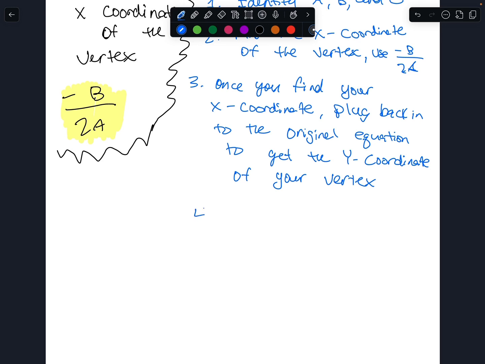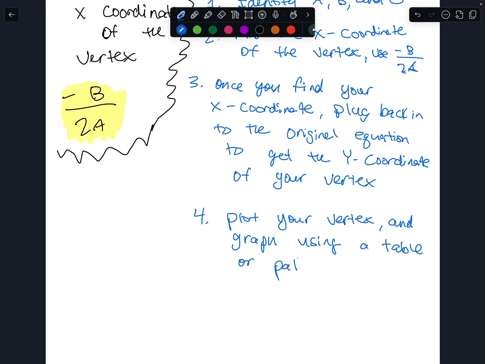And then step 4, plot your vertex and graph using a table or patterns. Okay, now a little bit later, one of the questions I'm going to graph with the pattern and table so you can compare the two. But after that, I won't be using the table anymore.